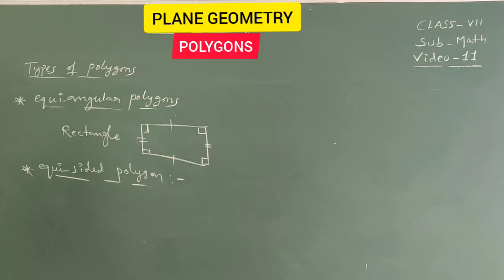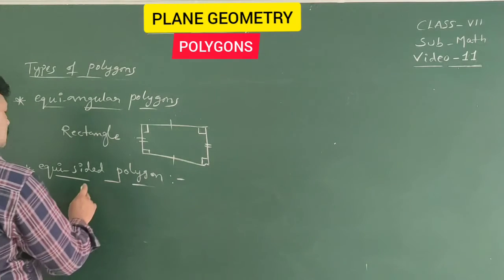In case of equiangular, we don't need to bother about the sides. In case of equisided polygon, no need to bother about the angles. Either they are equal or not, we don't know. We don't bother about that one. Only we need to concentrate on sides in equisided polygon. In equiangular polygon, only concentrate on angles.